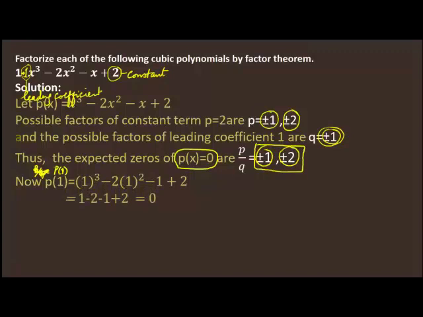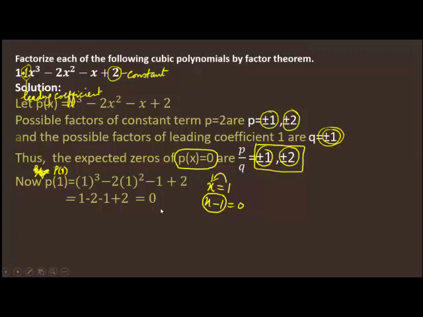So if 1 is the root, means the value of x is 1. So what is the factor? We will bring 1 on the left side, which is equal to 0. So x minus 1 is the factor, right? Because 1 is the root, so x minus 1 is the factor because it gives us 0.